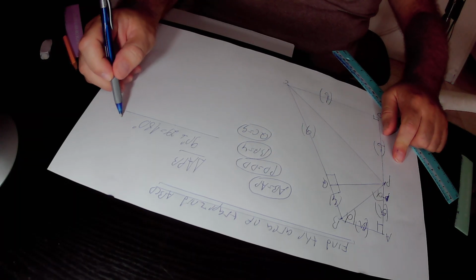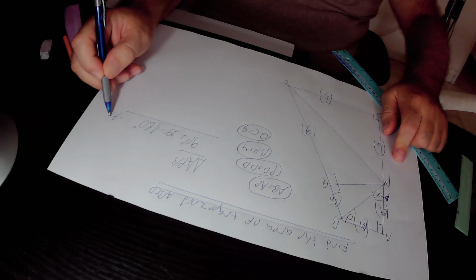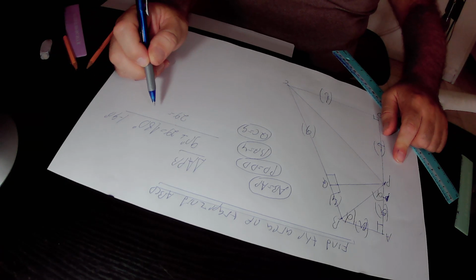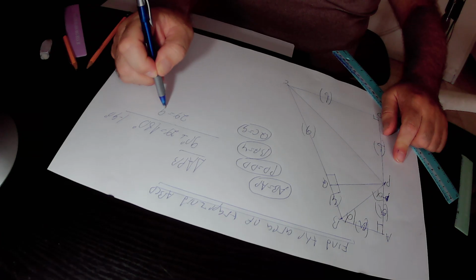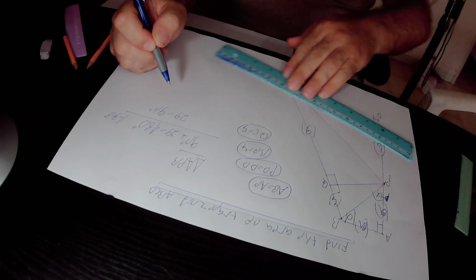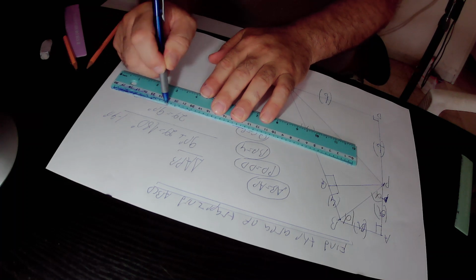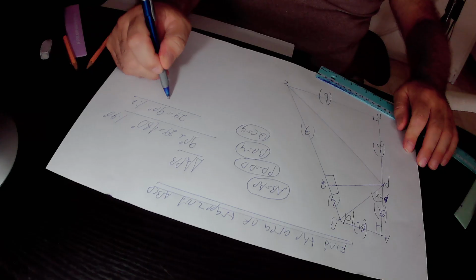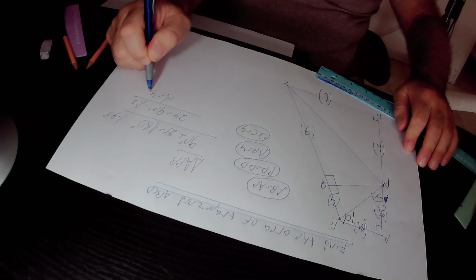Here we subtract 90 degrees from this equation, and we get that 2 alpha equals 180 degrees minus 90 degrees, it is 90 degrees. So 2 alpha equals 90 degrees. Here we divide this equation by 2. And we get that alpha equals 90 degrees over 2, that is 45 degrees.